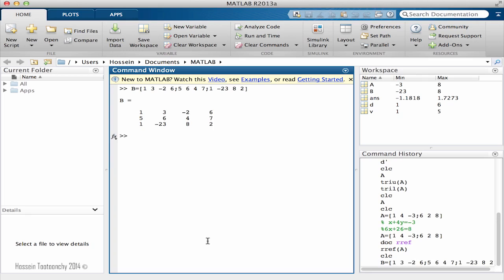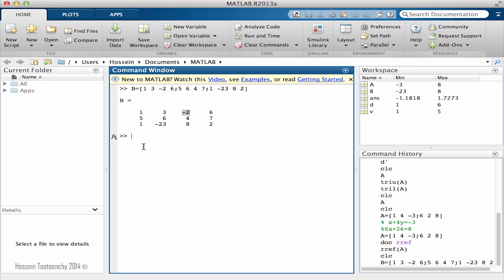That's it. So now I created a matrix, and the way you can read it is x plus 3y minus 2z equals so on and so forth. Now I want to find the values of x, y, and z that make the whole set of equations satisfied.